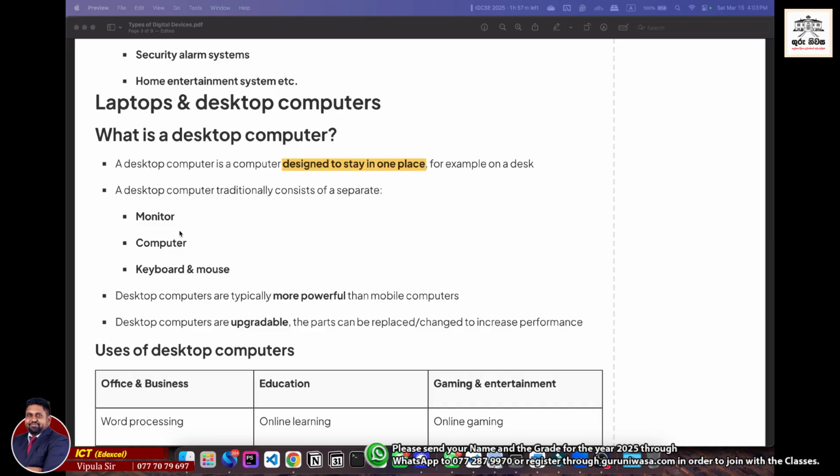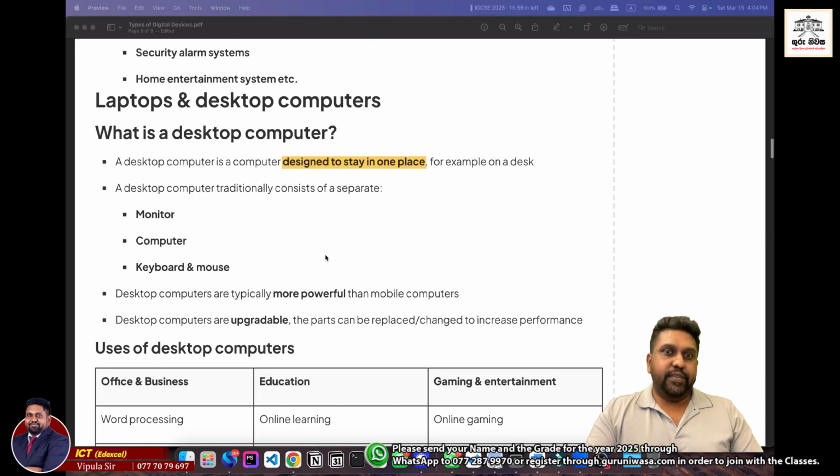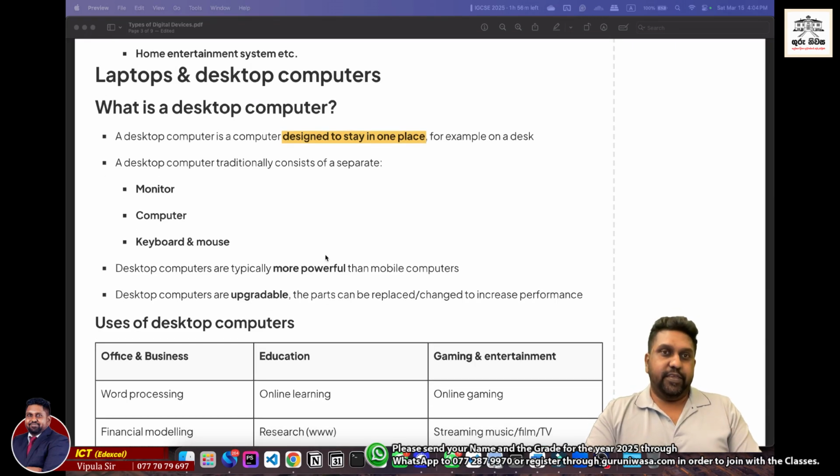So in this case, primarily we have these three items, but we can write a few more, like a webcam, speakers, a printer, a scanner, and any device which will be used for any productivity purpose. All these devices can be attached to the desktop computer. In simple terms, this is part of the question as well.